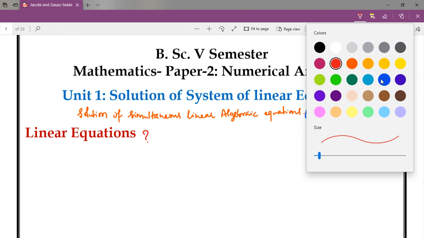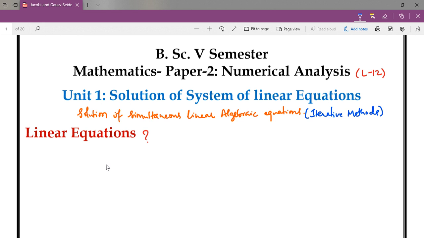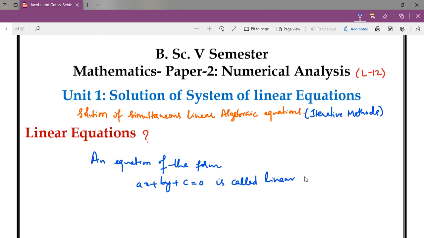So an equation of the form ax plus by plus c is equal to 0, if you are going to take two variables, is called a linear equation in two variables.